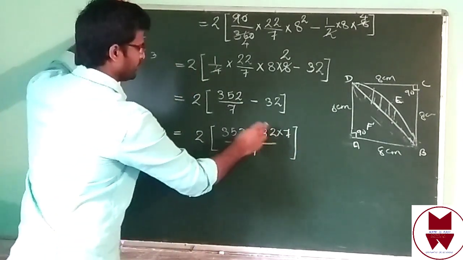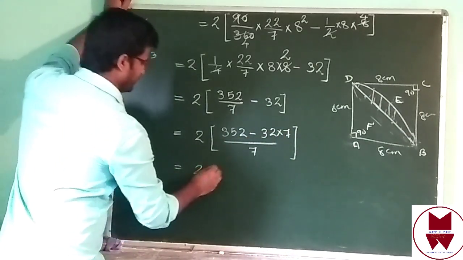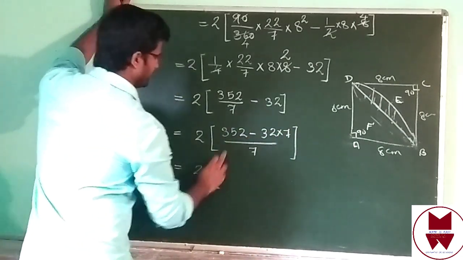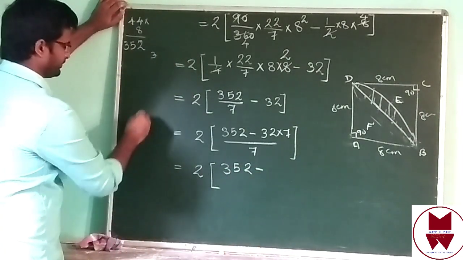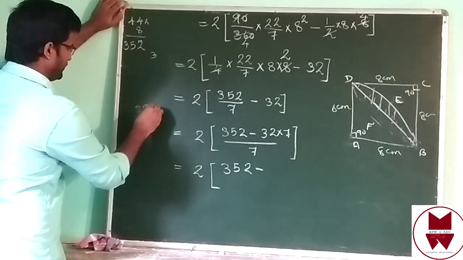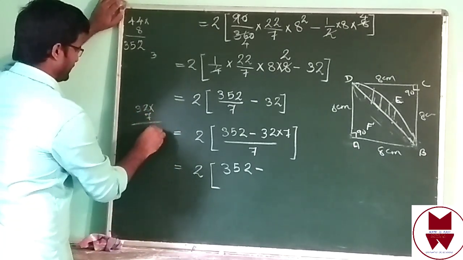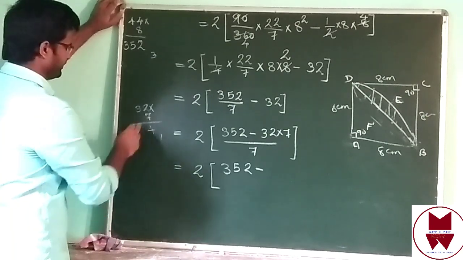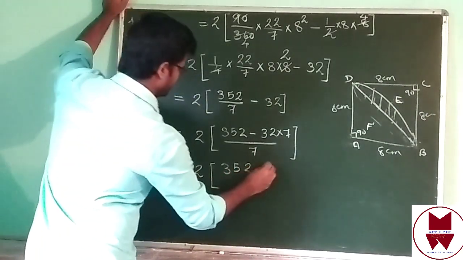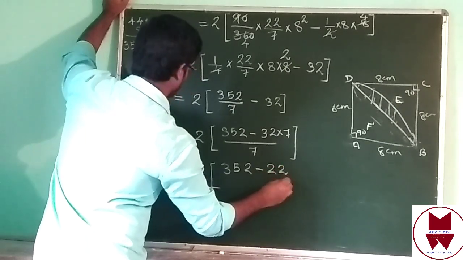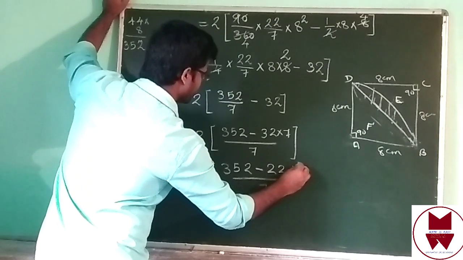When you take LCM, here there is no denominator, that's why we multiply with 7. And 2 into 352 minus 32 into 7, 14, remainder 1, 21, 22, 2, 2, 4, all divided by 7.